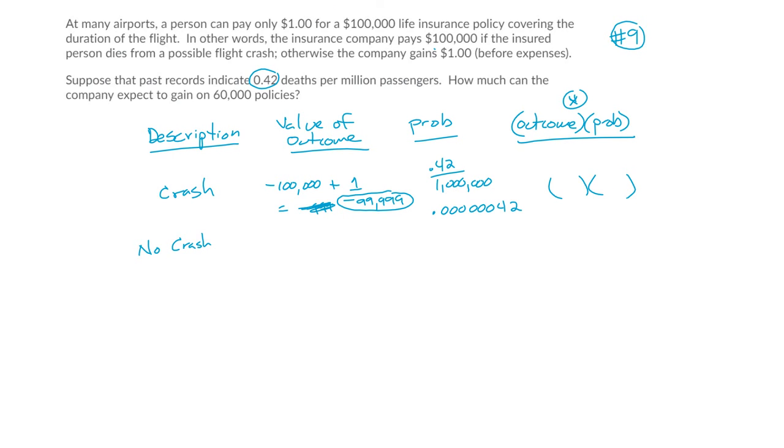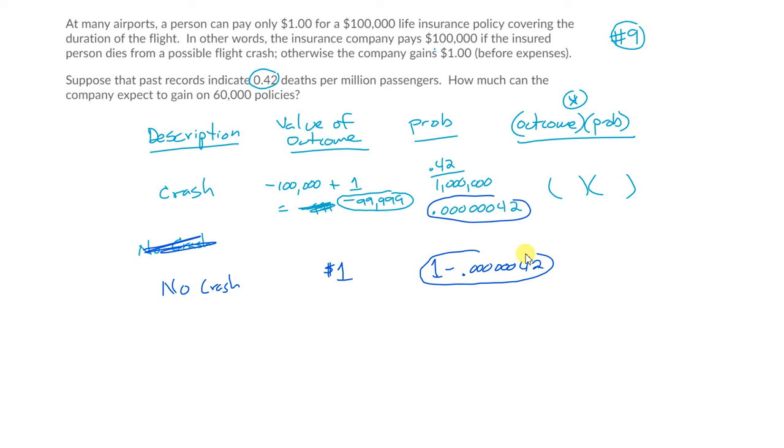Now for no crash, let me just change colors here a little bit, just so we can see it better. For no crash, what's going to happen? What's the value? Well, we just receive $1 as the company, a whole big $1. What's the probability? It's just going to be 100%, or 1 take away the 0.0000042, because the 2 outcomes, this probability and this probability, have to add to 1, or 100%, which is 1 in decimal form.